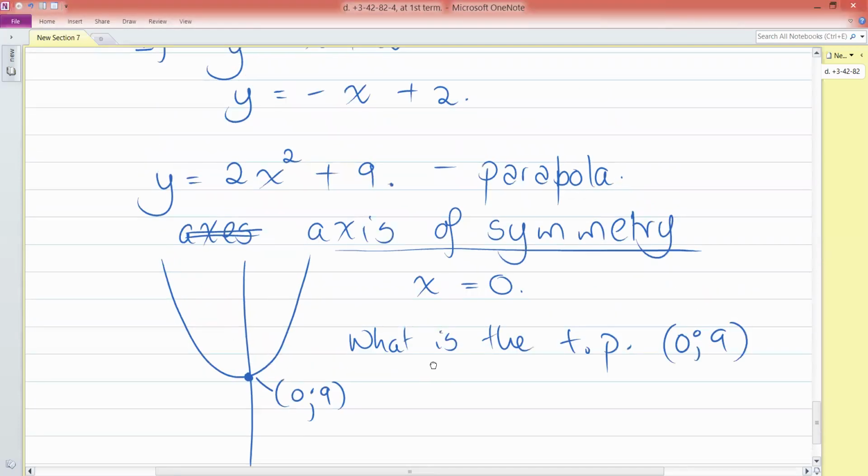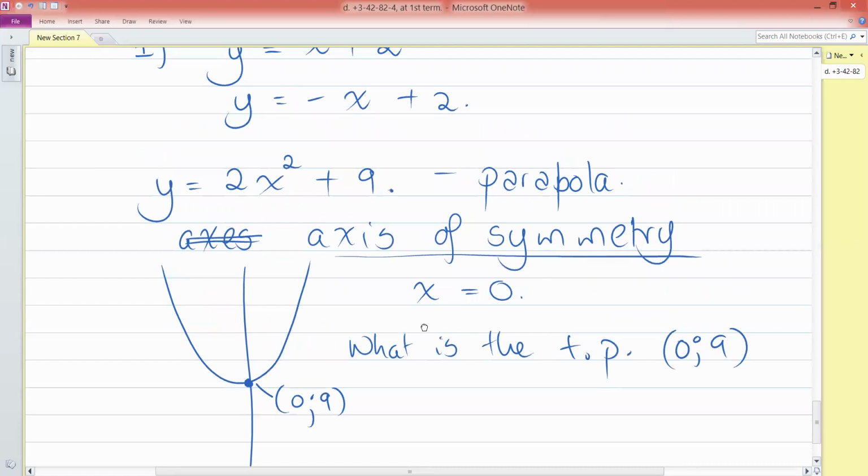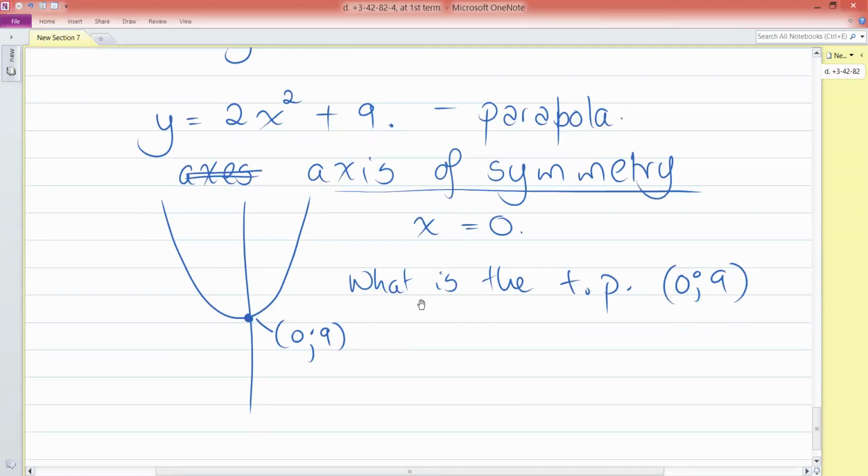Now, what's other important stuff here? So axis of symmetry, turning point, range and domain. What would the range and the domain be for this graph? Then we'll go back to the hyperbola. So range, remember, relates to your y values. Domain relates to your x values.